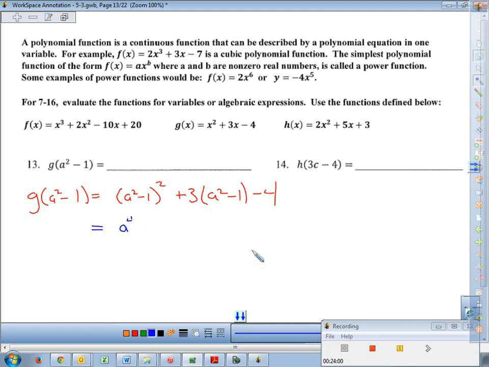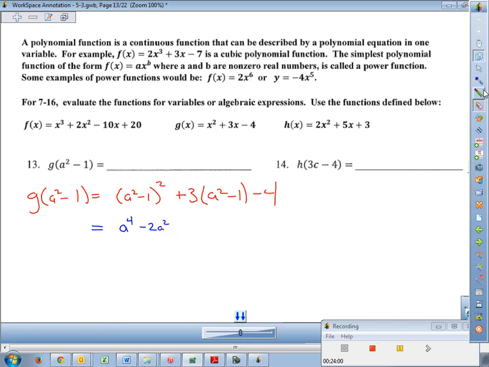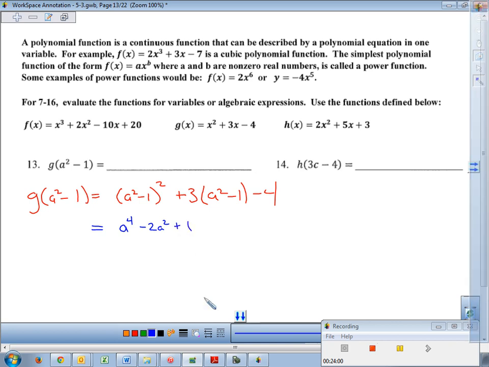What's a negative a squared times 2? Negative 2a squared. What's the last move? Square the last guy. First of all, what kind of number will you get every time on the last guy? Positive. The brain fart is people accidentally put 2. 1 squared is 1, right? So far, so good with that.